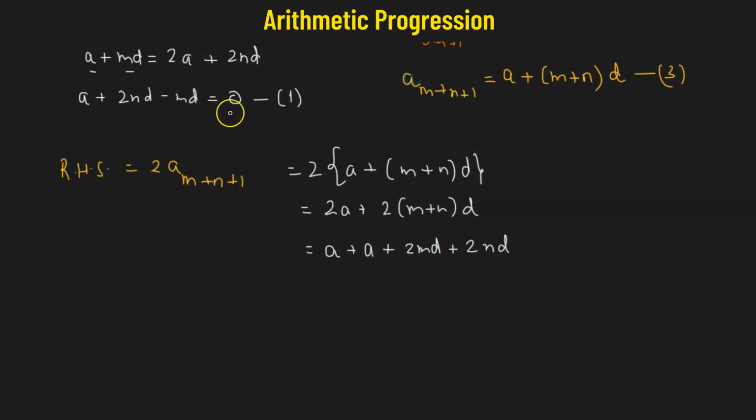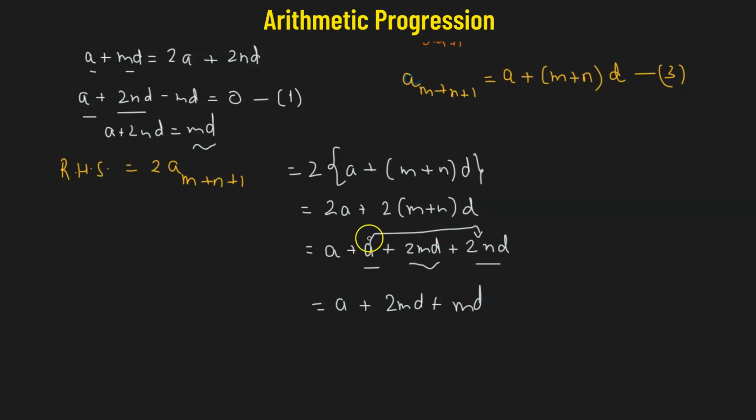Now if we look at equation number 1, we can have a plus 2nd equals md. So we can replace a plus 2nd with md, such that we have a plus 2md, which is already present, and to it we add this md, obtained by combining a and 2nd, the second and the fourth term.